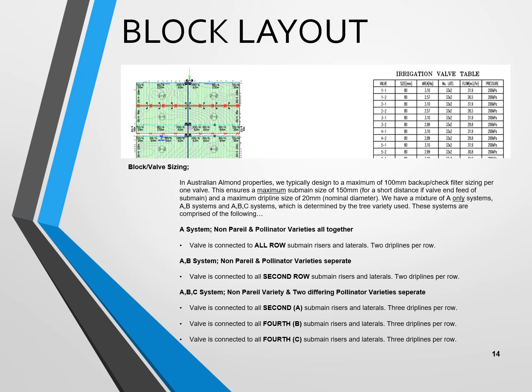In an ABC system, one valve is connected to all second or A rows, submain risers and laterals, 3 drip lines per row. A valve is connected to all fourth B submain risers and laterals, with 3 drip lines per row. A valve is connected to all fourth C submain risers and laterals, 3 drip lines per row.